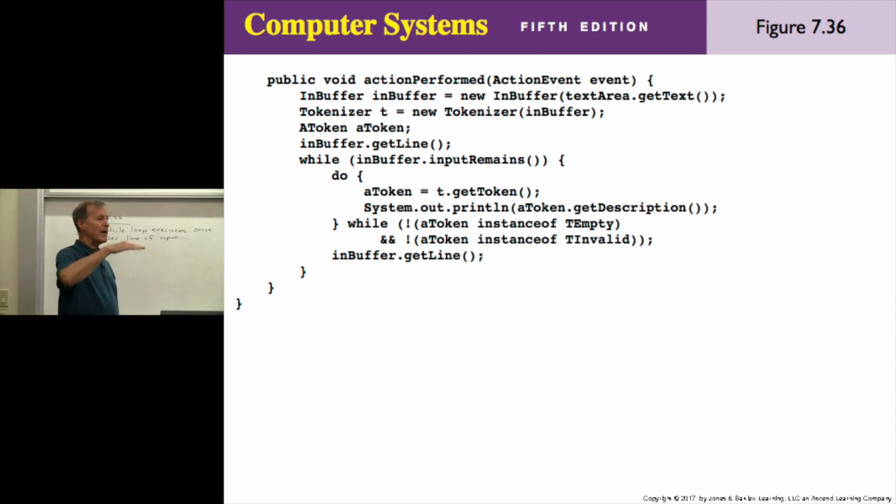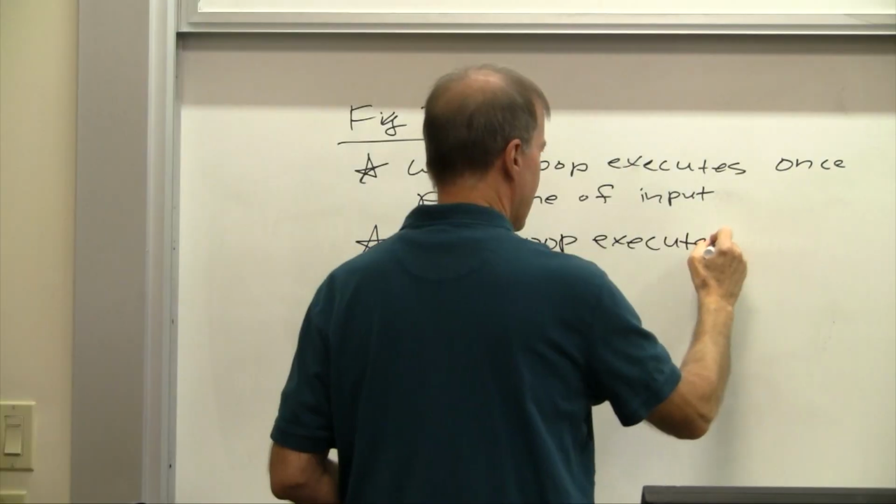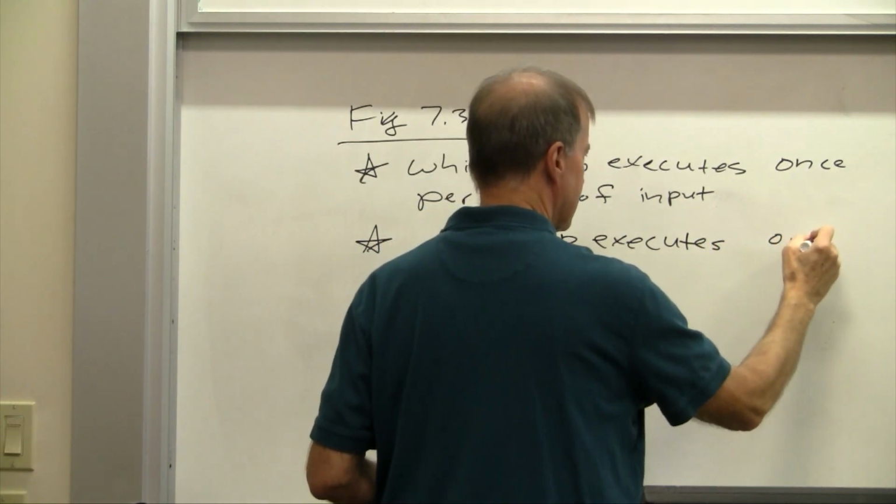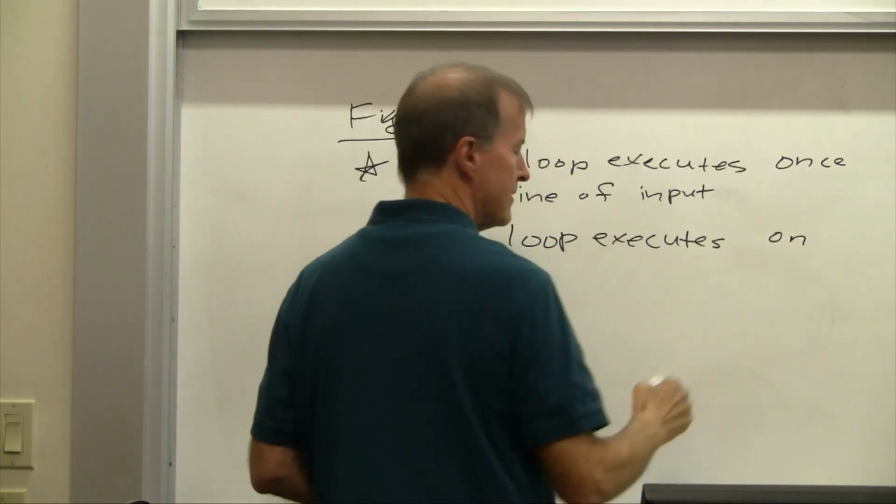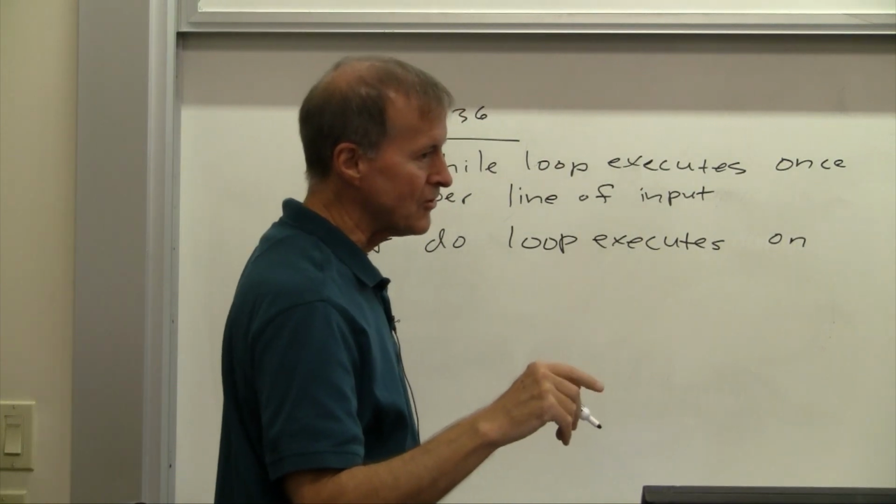So when we go back, regardless of whether we enter the loop from the top or from the bottom, we know, because of that while, that if we do the body of the loop, there is a line of input to process. Are you with me? And now, you guys, what about the do? Executes once per what? Yeah, which one is it? Is it character or is it token?